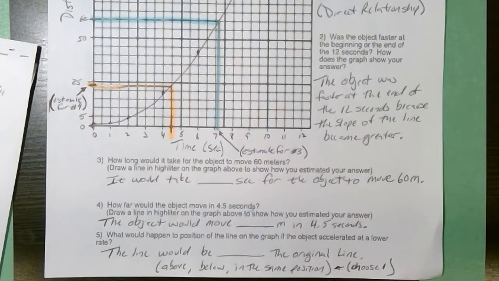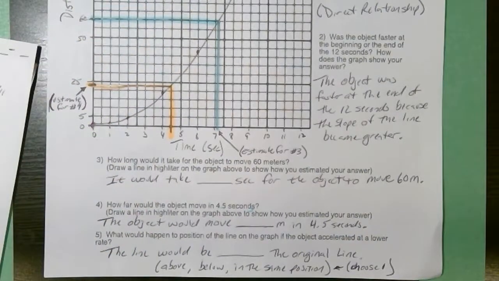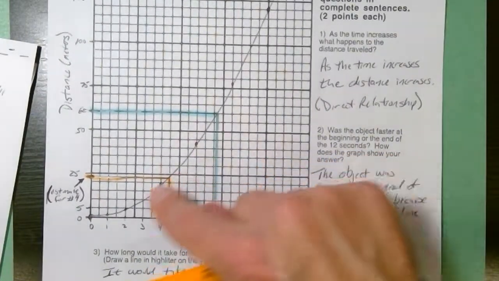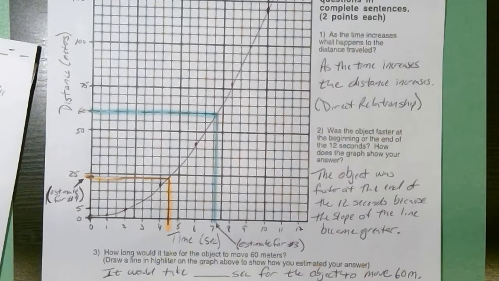So think about what that means. If it's going at a lower acceleration and the velocities are lower, is that going to make your distance higher, which would put it above your line? Or is that going to make your distance lower, which would put it below the line? It's definitely not going to be on the same line because the distance traveled is going to be different.